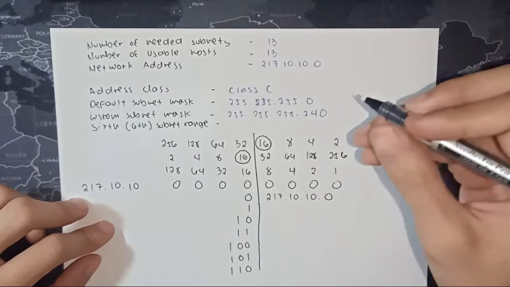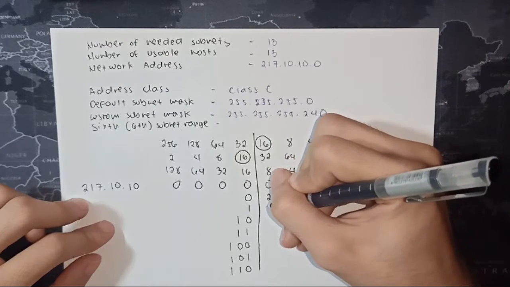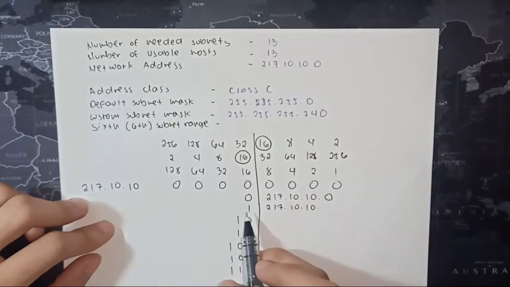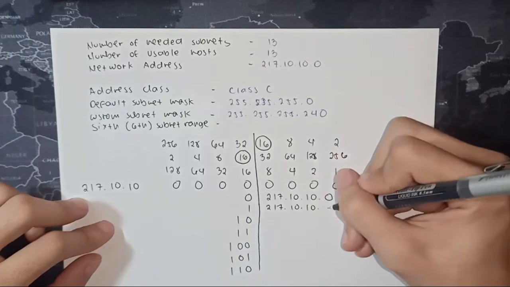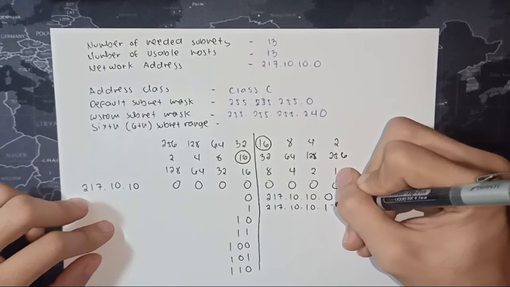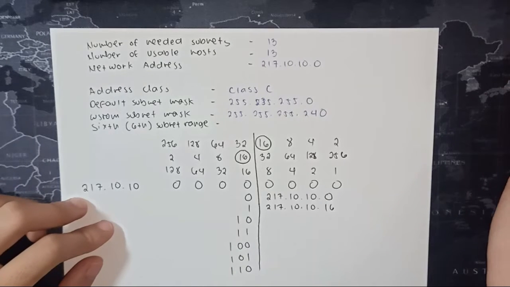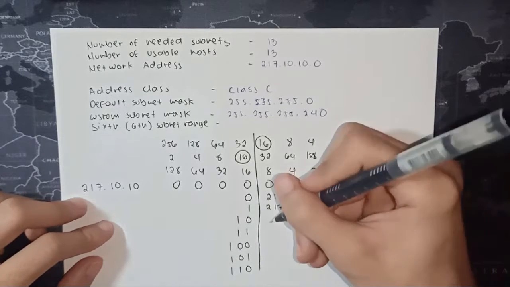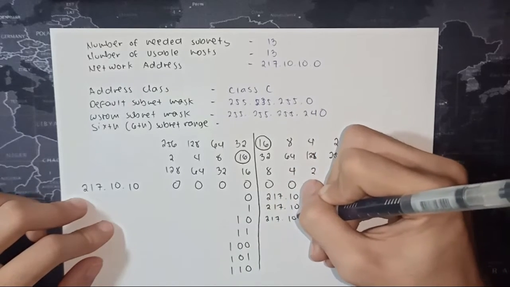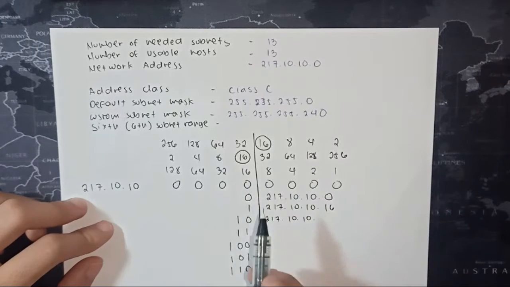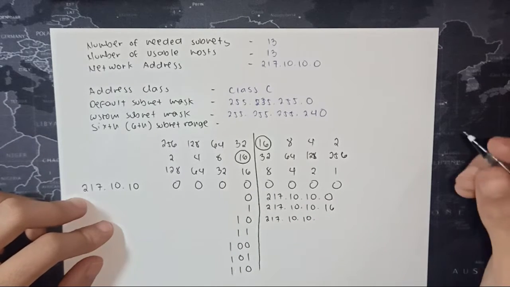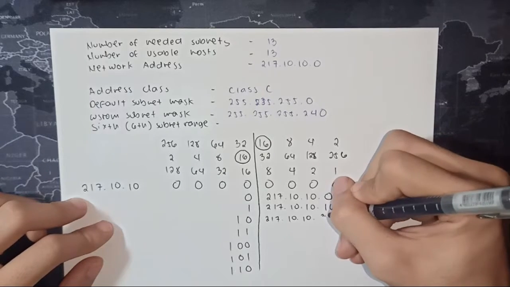The next step, just follow it here. 16 times 1 equals 16. Then write it again. Then 32 times 1 is equal to 32. Then 16 times 0 equals 0. Just add the values, so it is going to be 32.